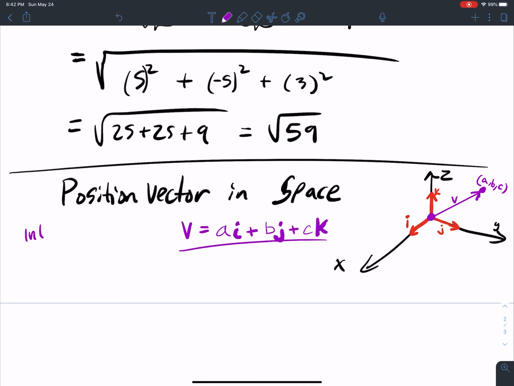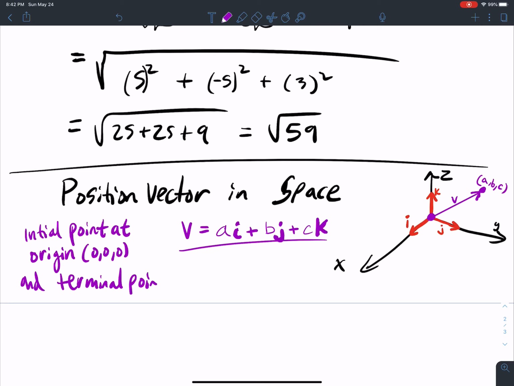So initial point at origin 0, 0, 0 and terminal point at A, comma B, comma C. Then this is the position vector. Okay?